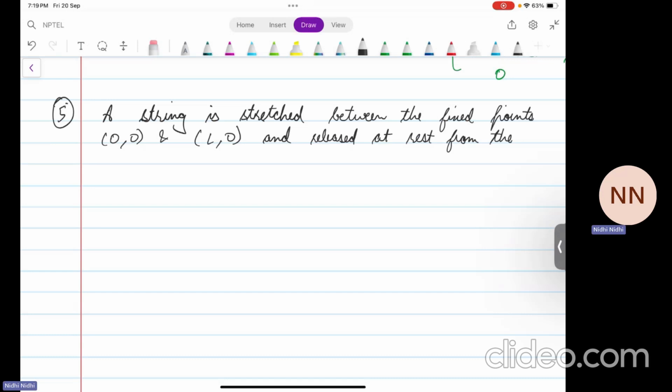By initial deflection, we mean that initially the string was not a straight line. In fact, it was deflected in some way. That is the same as some given curve.